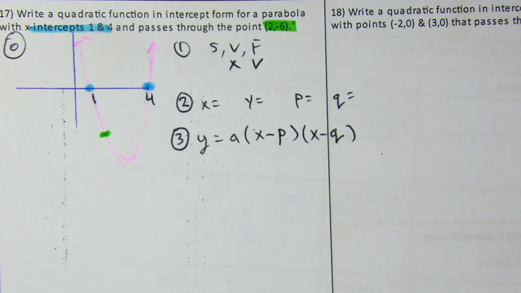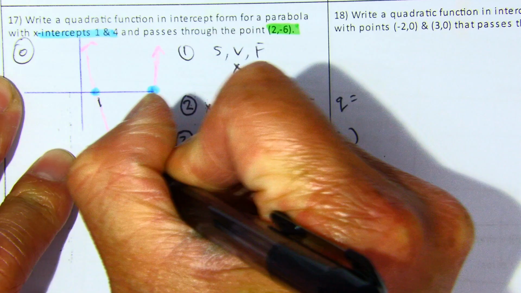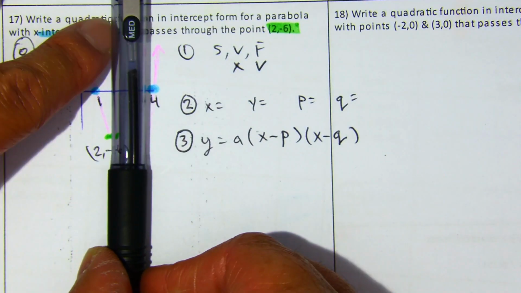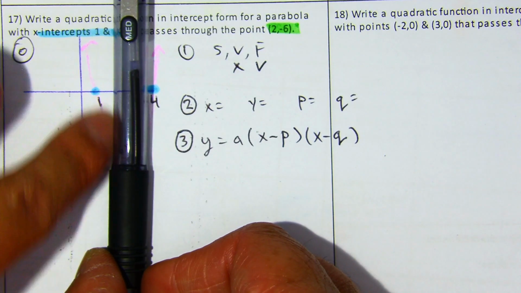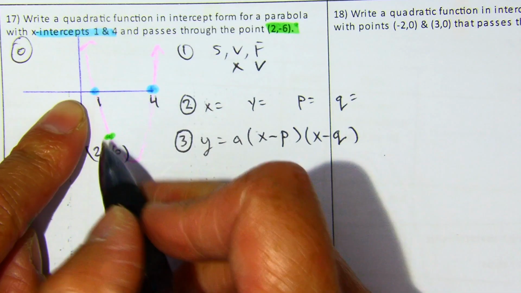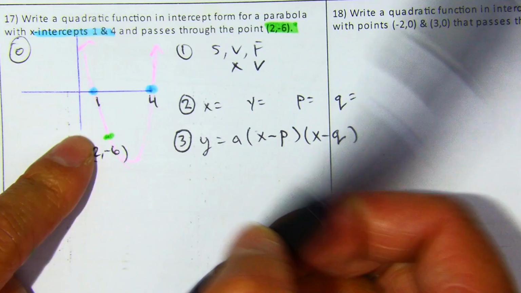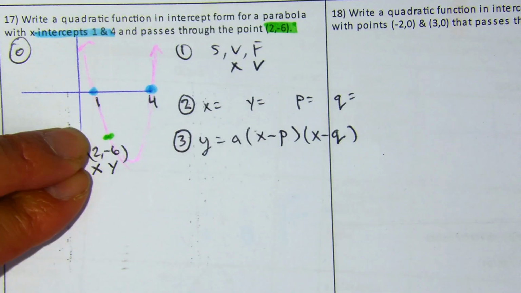So, my ordered pair was 2, negative 6. I want you to notice that this is not my axis of symmetry. It's not the midpoint there. 1 plus 4 divided by 2 is 2.50. Okay? So it's just a point. X, Y. X is 2.